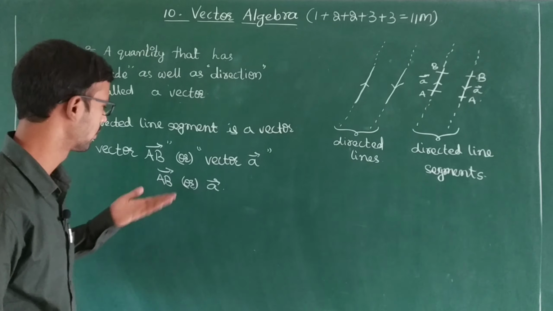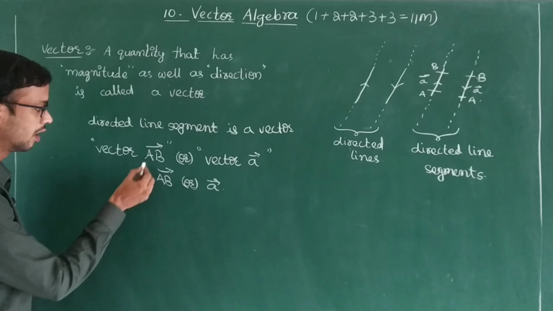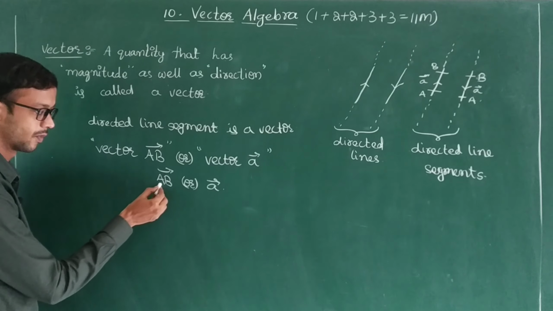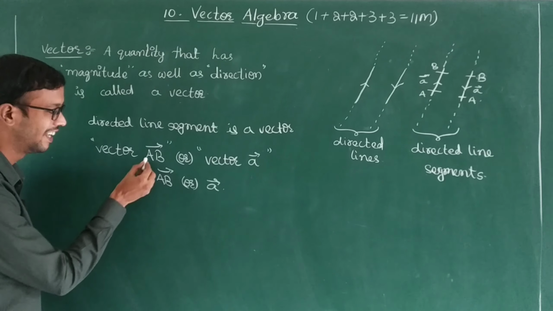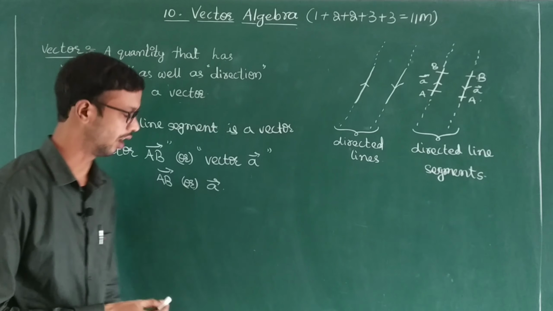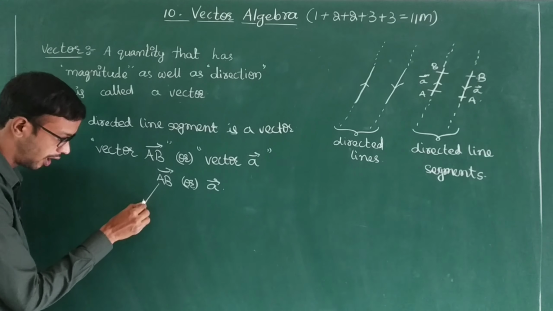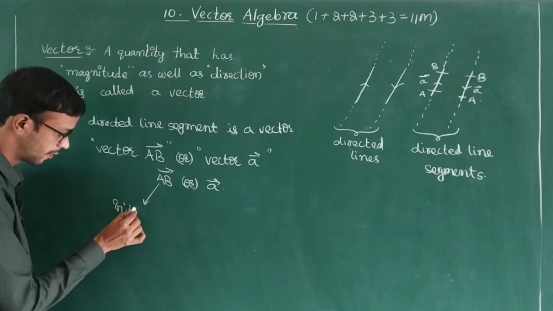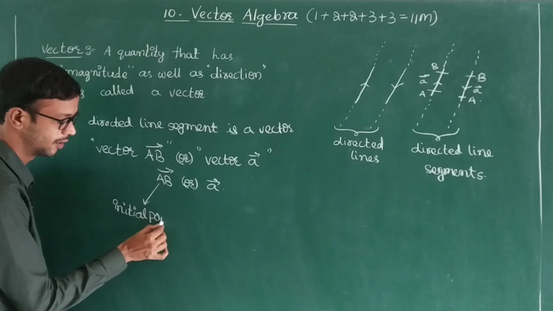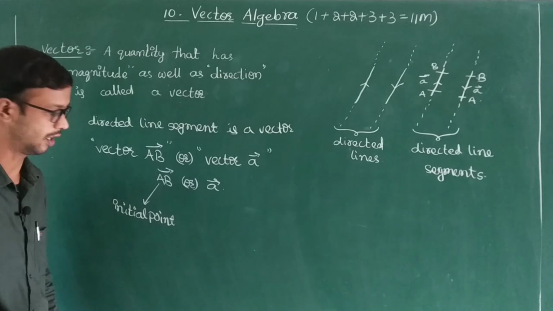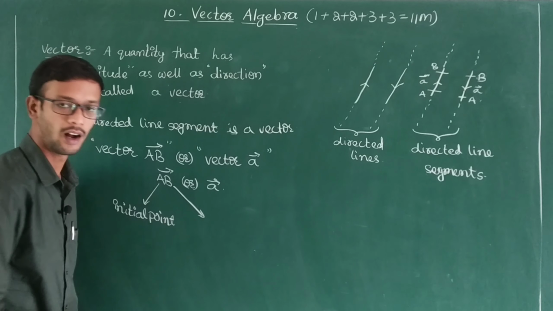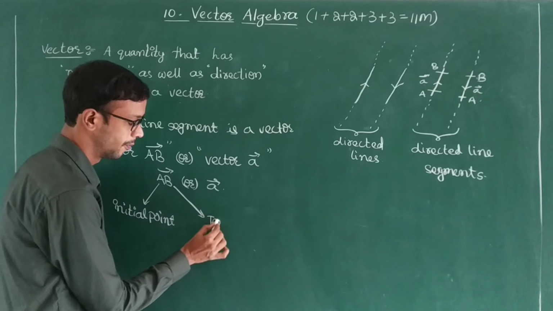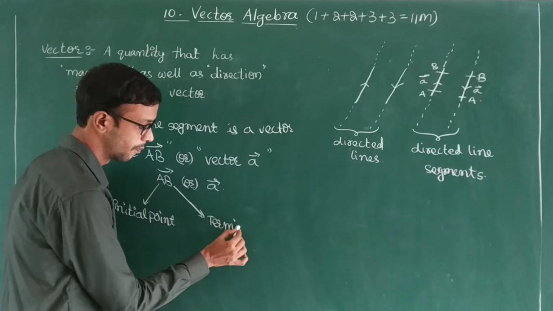Now, the starting point, that is nothing but the initial point. Here point A is called the initial point of the vector and point B is called the terminal point of the vector AB bar.